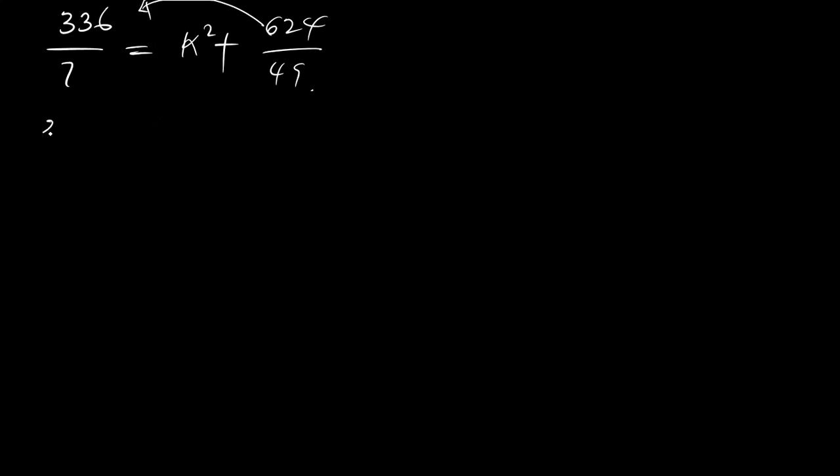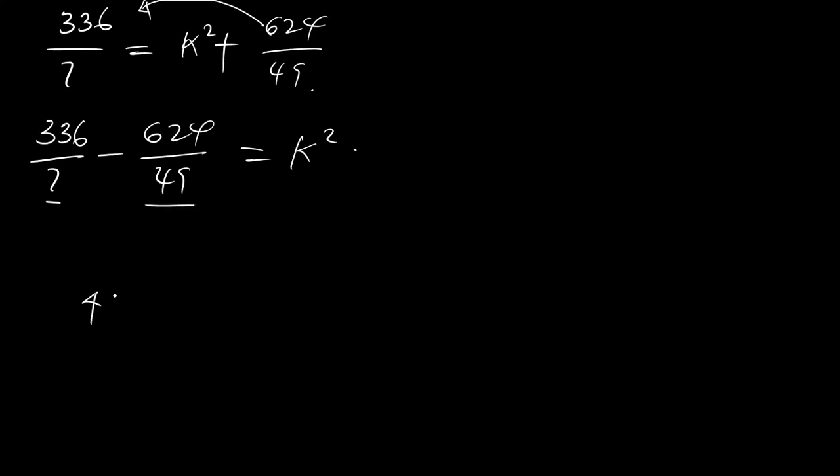You now have 336 all over 7 minus 624 all over 49 equal to K squared. Now let's find the LCM of the denominators 7 and 49. This LCM is 49. Now 49 divided by 7 will give you 7. 7 times 336 will give us 2352 minus 624 is equal to what?